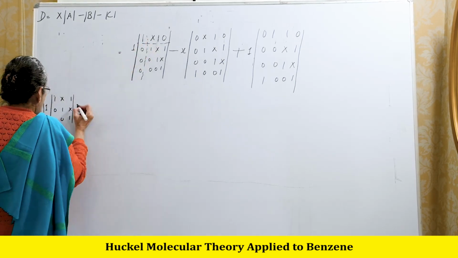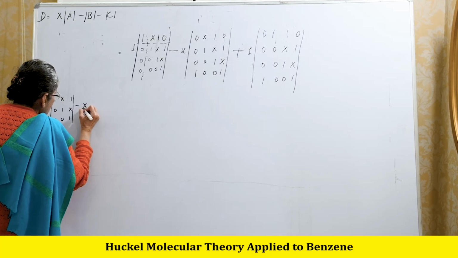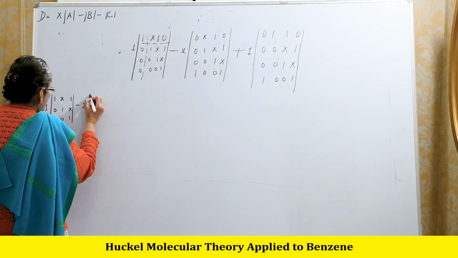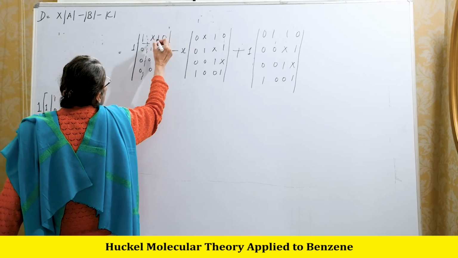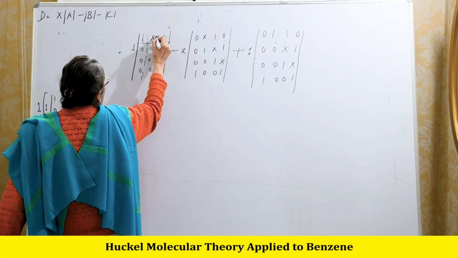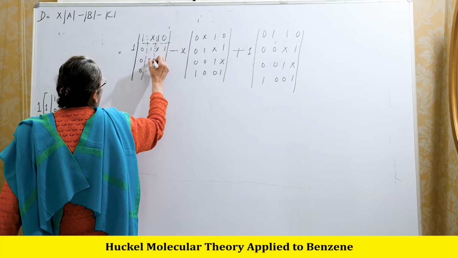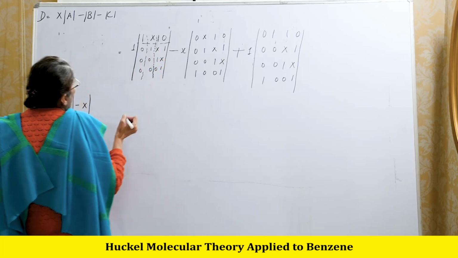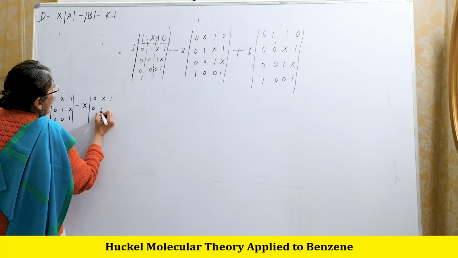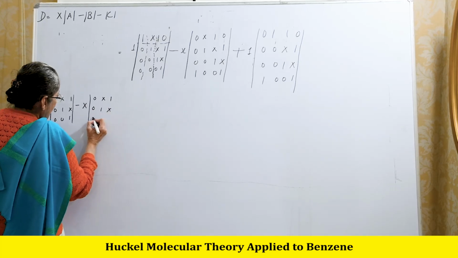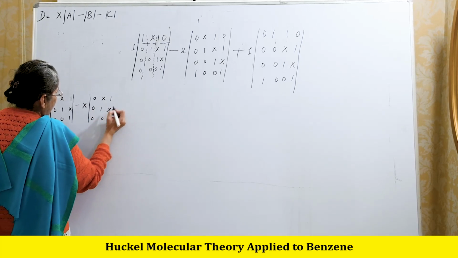Now for this minus x, 0 x 1 0 1 x and 0 0 1.